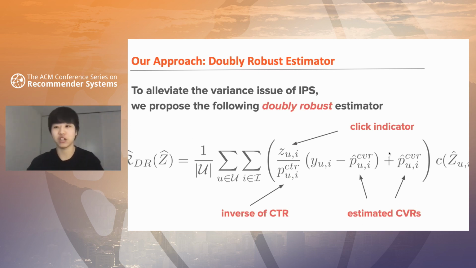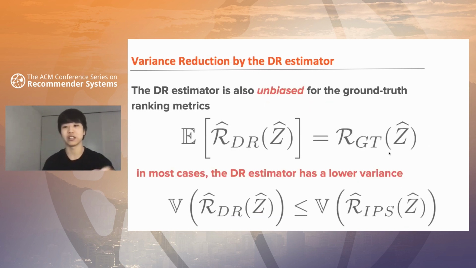And by doing this imputation technique, the doubly robust estimator is at first unbiased for the ground truth. This is the same property as the previous IPS estimator. But the fascinating feature of this estimator is that in most cases, it has a lower variance than the previous unbiased estimator.